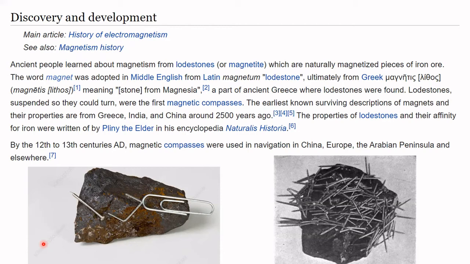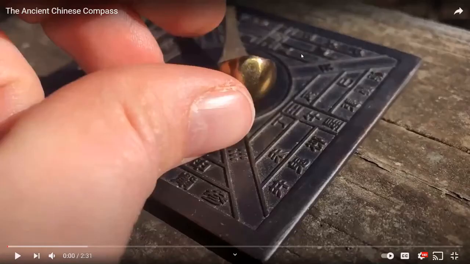So this must have captivated the imagination of anybody who was lucky enough to come into contact with a lodestone. And they even made compasses out of them at the time. So there you go, magnets, magnesia, thousands of years ago even. So check it out. Here's a modern incarnation of an ancient compass design.